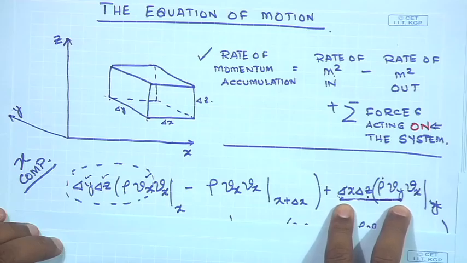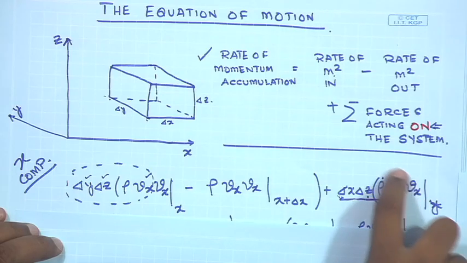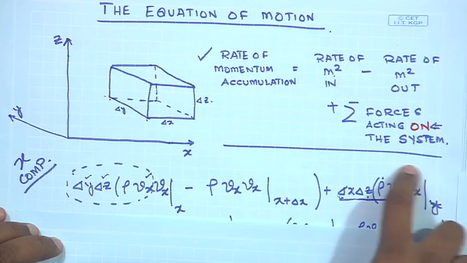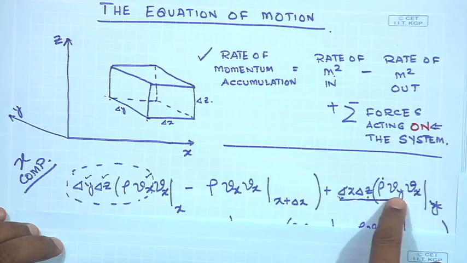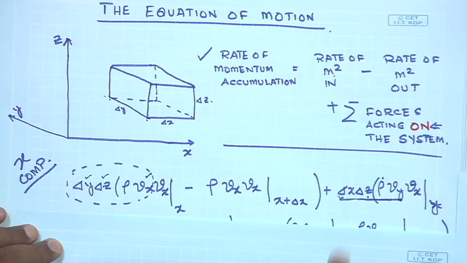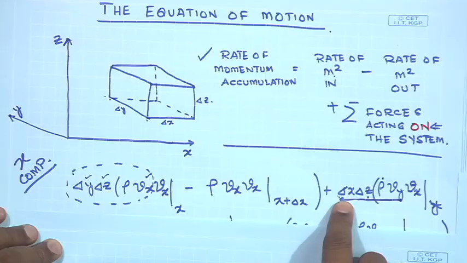If I would like to find the x component contribution to momentum, I simply have to multiply it with Vx. So mass coming in multiplied by the component of velocity in the x direction at that point gives me the amount of x momentum, that is important, coming into the control volume through the face at y.